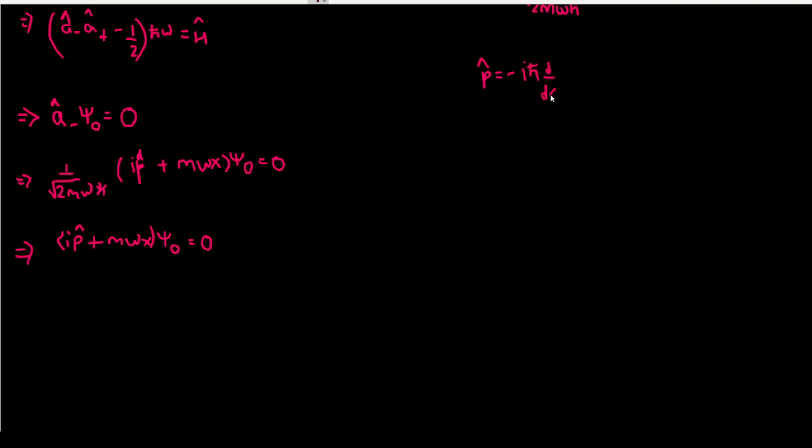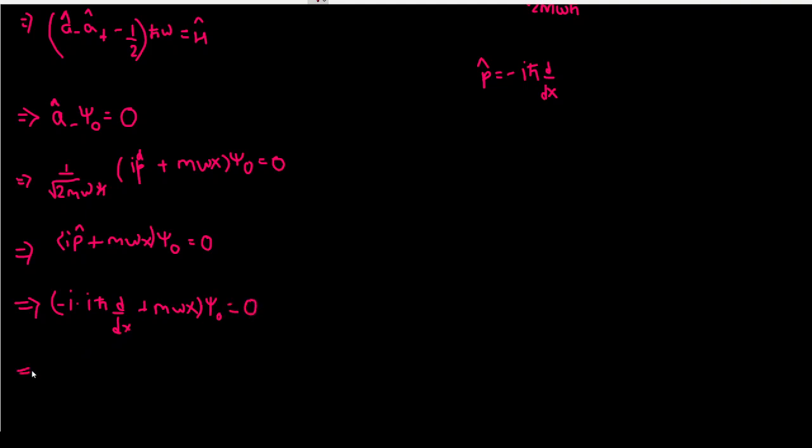Generally it is a partial derivative, but here we are not dealing with more than one variable, so we put the ordinary derivative. Now we can substitute this value as iota times negative iota h cut d by dx plus m omega x, applied to psi naught, equals 0.